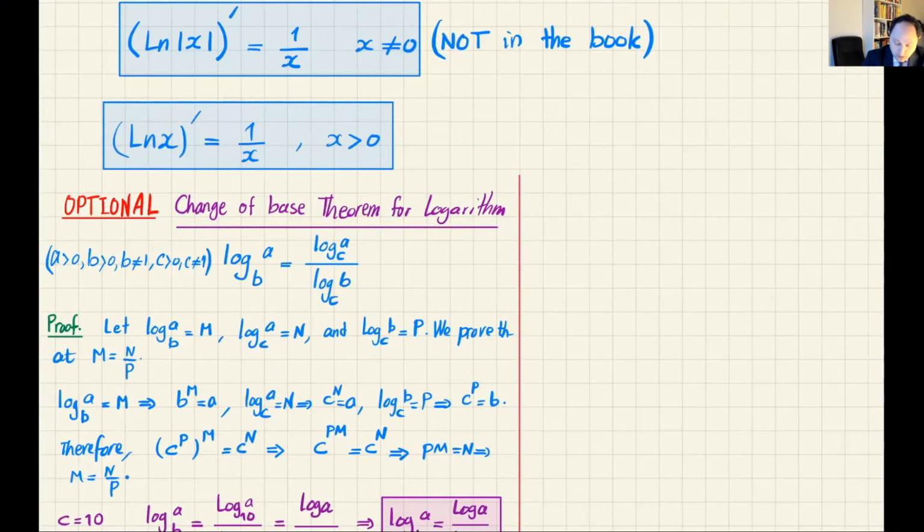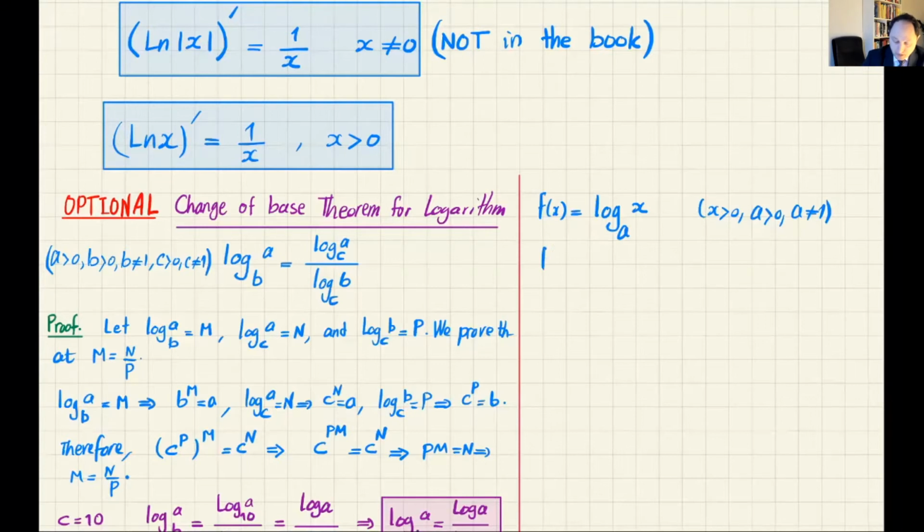So the question is, if I have f of x equals to logarithm of x in base a, okay? And of course, I have the properties that x is positive, a is positive, a is not equal to 1, so that this function is defined in the first place.